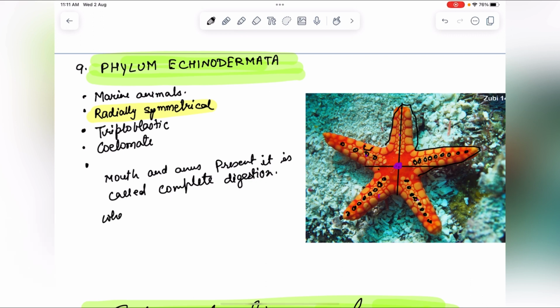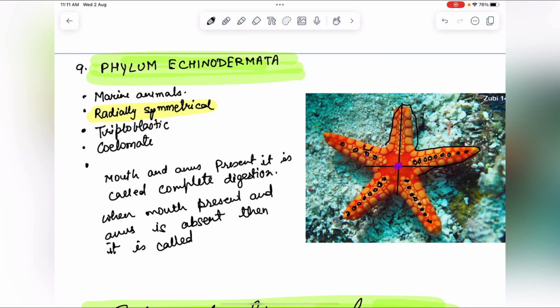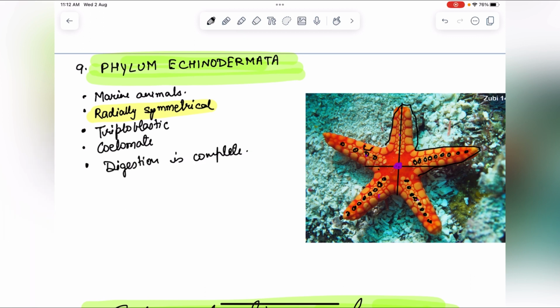When mouth is present and anus is absent, then it is called incomplete digestion. So in Echinodermata starfish, both anus and mouth will be present. That's why the digestion is complete. So example is starfish.